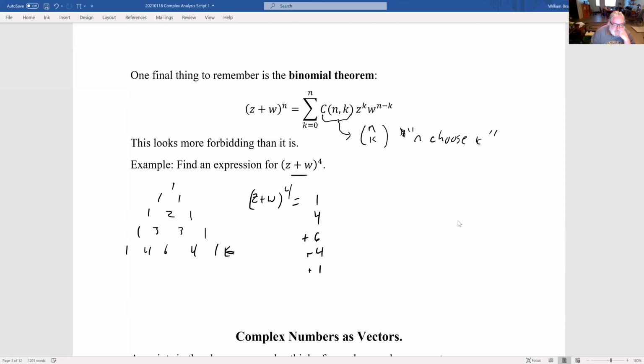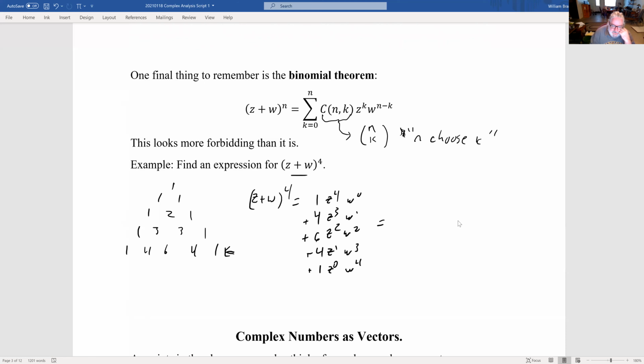I'm going to put some plus signs out here because it's just an easy way for me to remember it, right? So I write the coefficients here, and then we start with a z to the fourth, and we bring that down to z to the first, z to the 0th. And then at the bottom, we start with a w to the fourth, w to the third, w squared, w to the first, w to the 0.